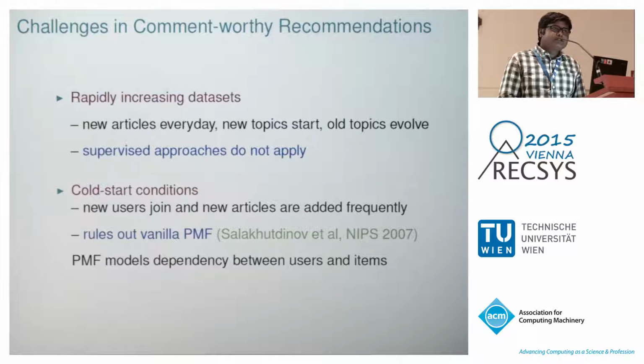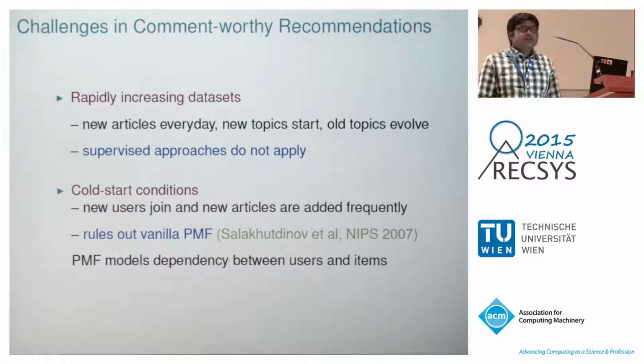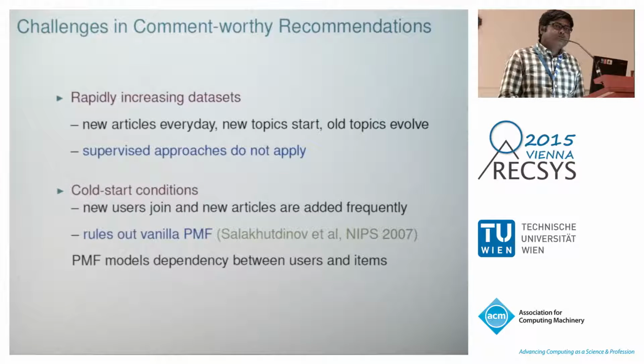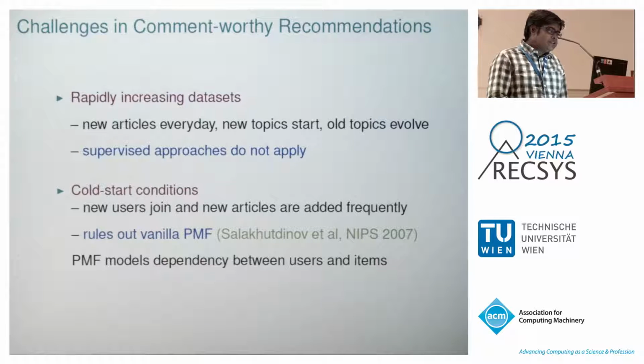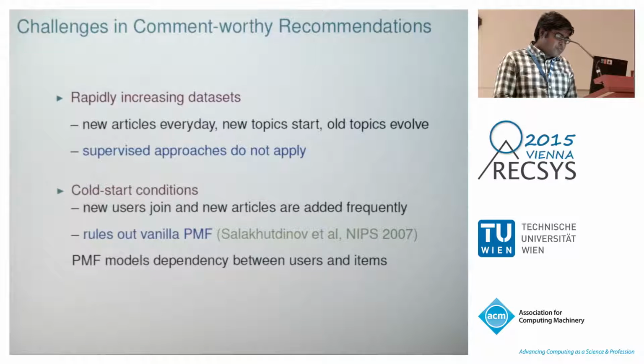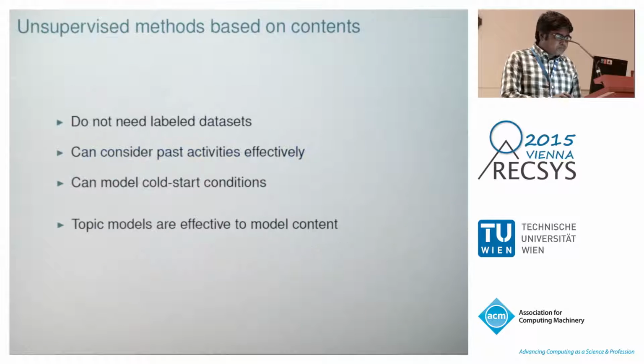Another problem is the cold start problem: new articles keep coming up and may start a new topic, making it difficult to model them using past content. That rules out the vanilla probabilistic matrix factorization methods. So how do we handle these challenges?